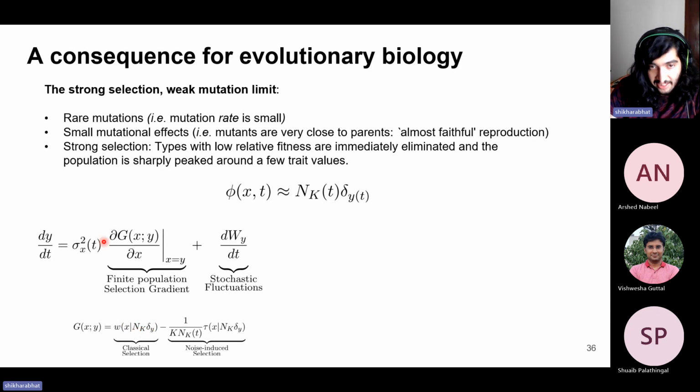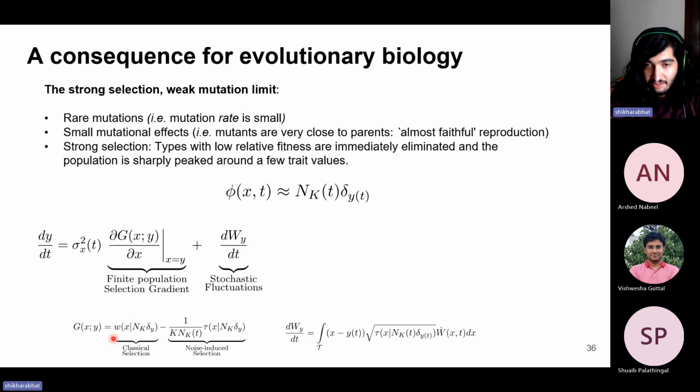But there is also a second term, 1 by k times the turnover rate of a mutant x in the population y. This is also why I think the bar notation is helpful, because it helps you read what this is. And the stochastic fluctuations are something that looks a lot like a variance. It is x minus y.